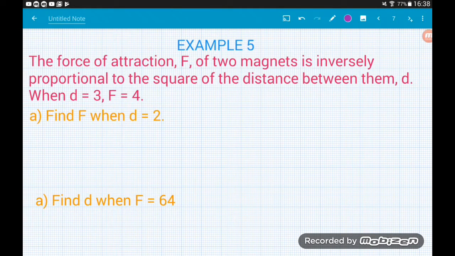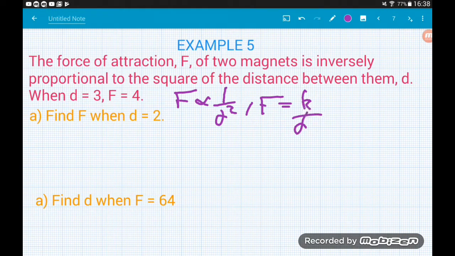So first thing we can write down is F is proportional to 1 over D squared. So F is equal to K over D squared. So that's the sentence turned into an equation.